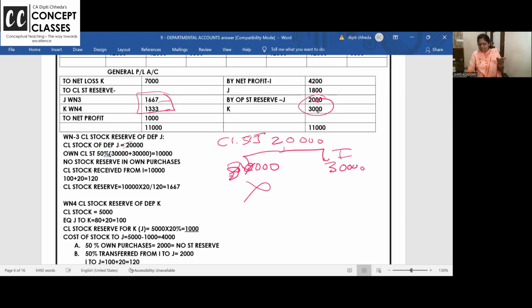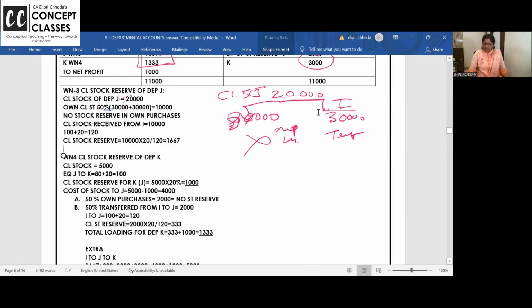Own stock तो परचेज करके स्टॉक में पड़ा है, बट जो I से आया है 30,000. 30,000 is my transfer and 30,000 is my own purchase plus labor. So can I divide the closing stock also as 10,000 closing stock खुद का है जिसमें no stock reserve. 10,000 closing stock आपको I से आया है, which is 120 and 20 is the loading.